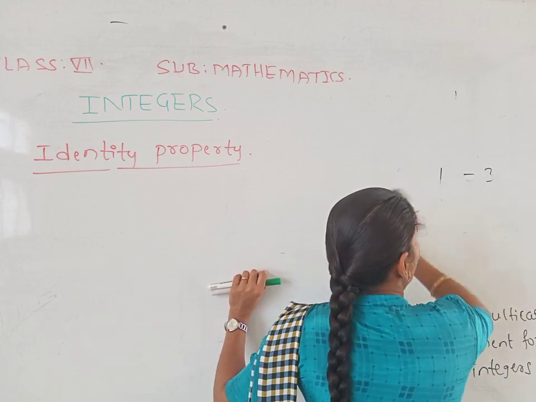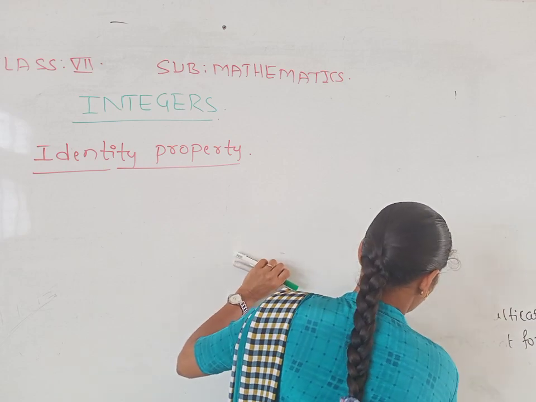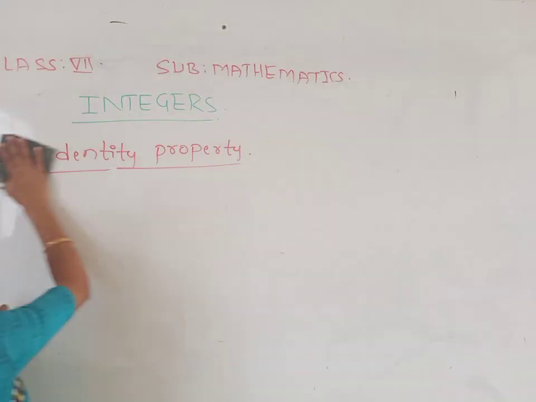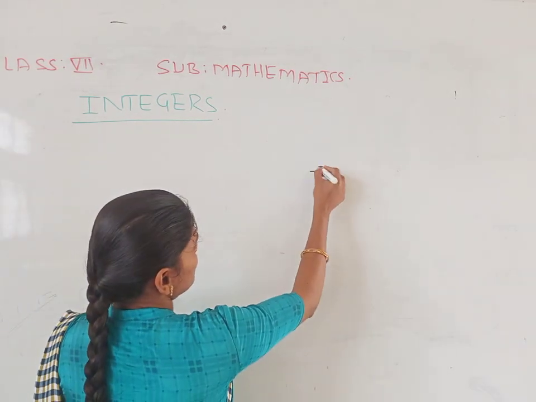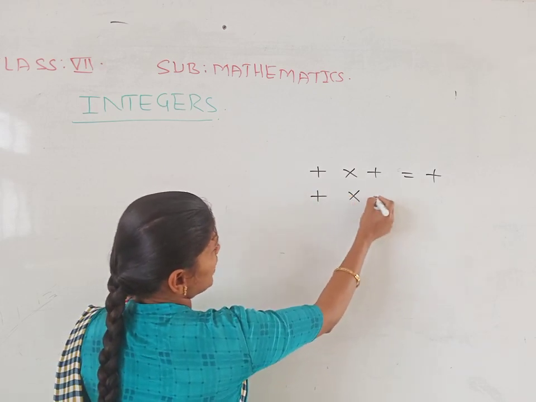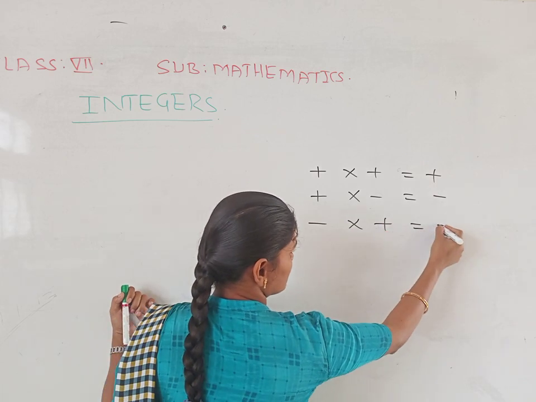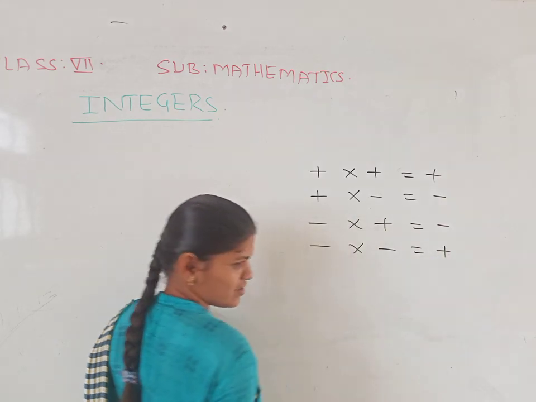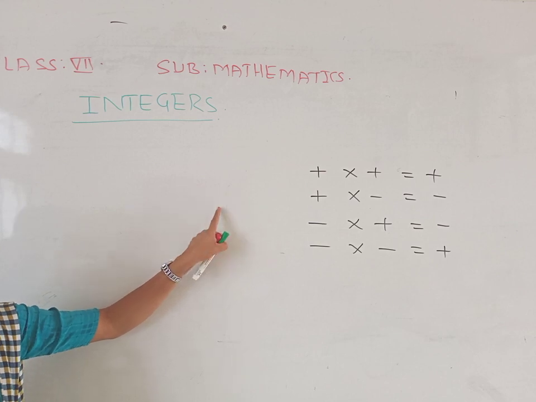You already know the multiplication of integers rules: plus into plus is plus, plus into minus is minus, minus into plus is minus, minus into minus is plus.